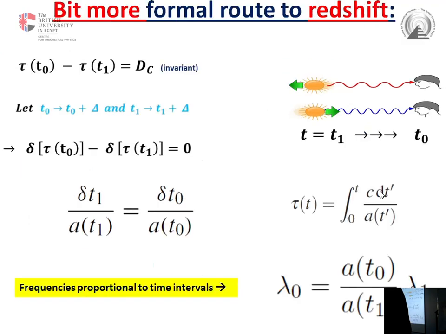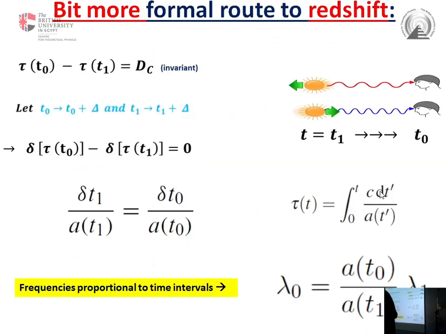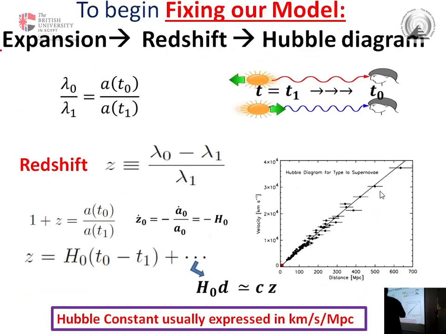So we have our model now fixed in terms of at least an important relation here. We now have the scale factor in terms of an observer, Z. Z is an observable thing in terms of wavelength, and Z is related to scale factors.